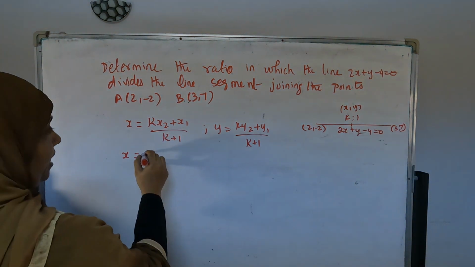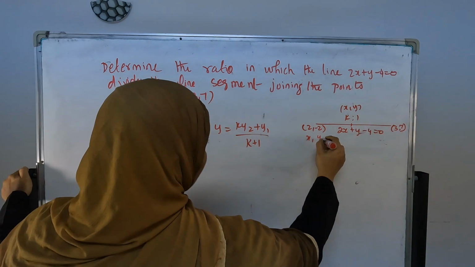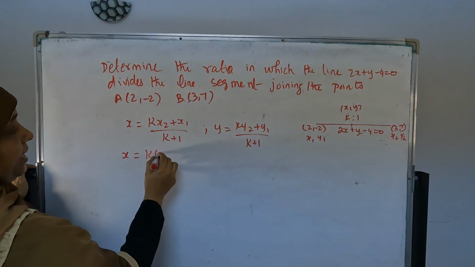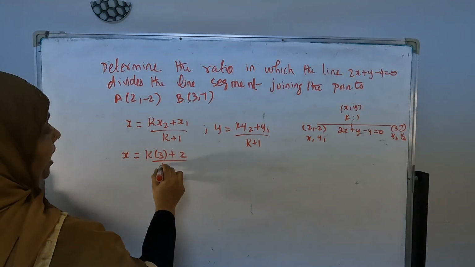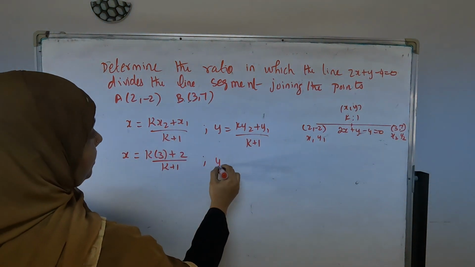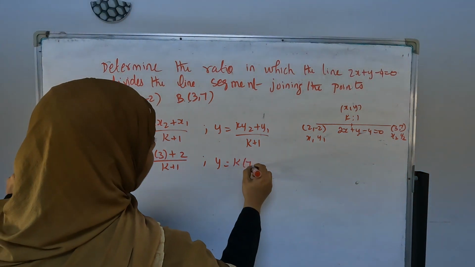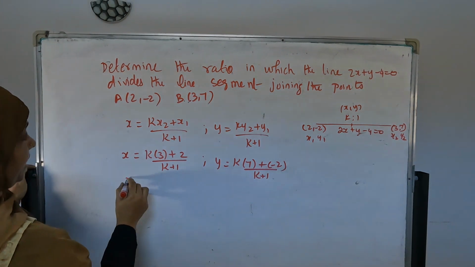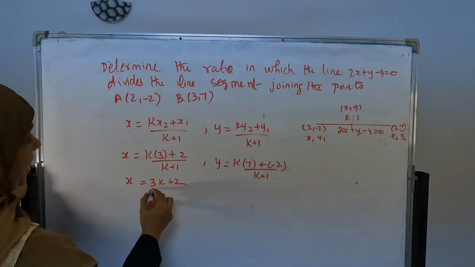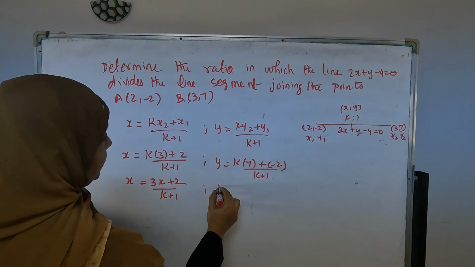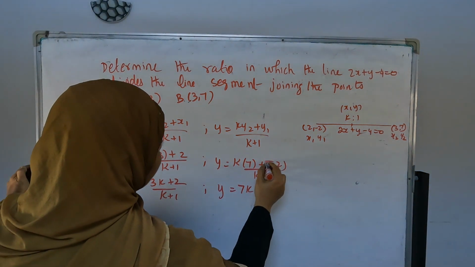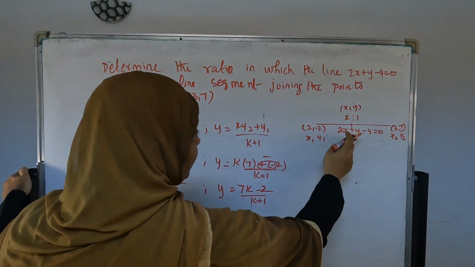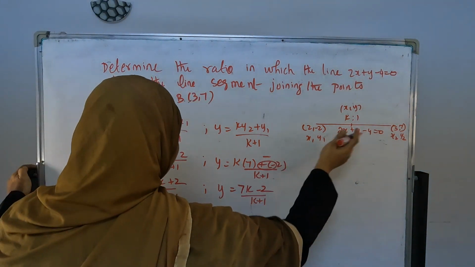Here x1, y1, x2, y2: x2 is 3 and x1 is 2, so x is (3k plus 2) by (k plus 1), and y2 is 7 and y1 is minus 2, so y is (7k minus 2) by (k plus 1). Now substitute this value in this line equation.